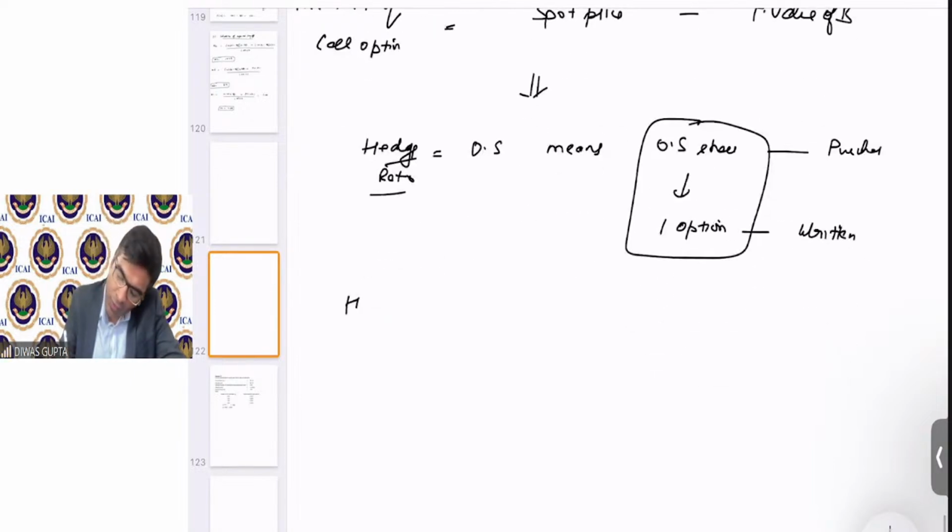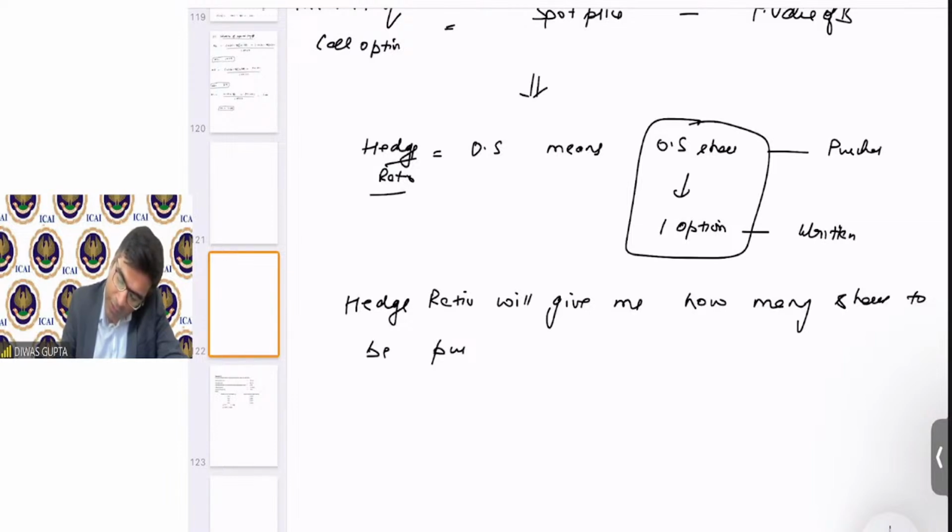Okay. So the hedge ratio will give me how many shares to be purchased so as to write one call option, students.